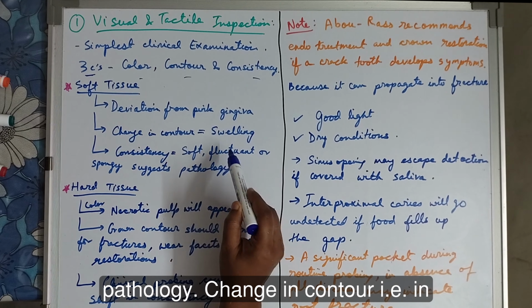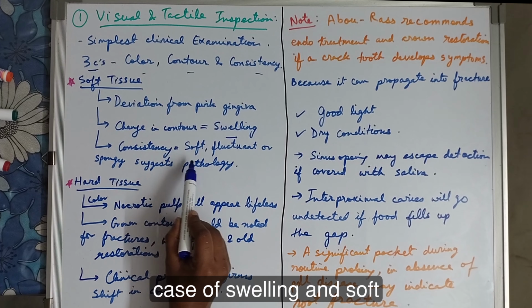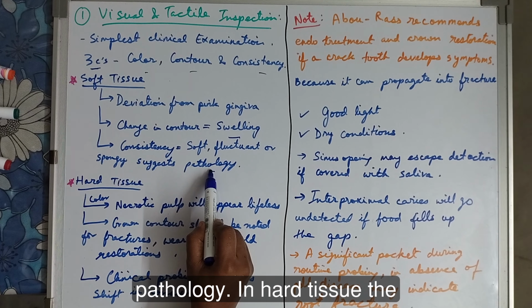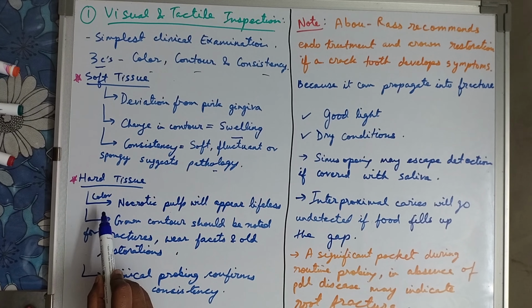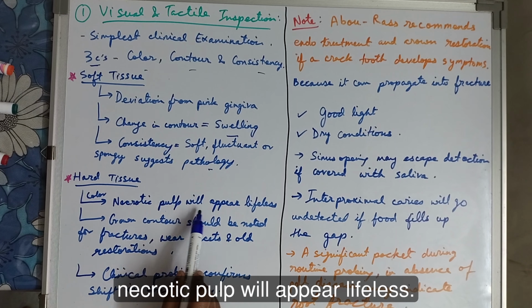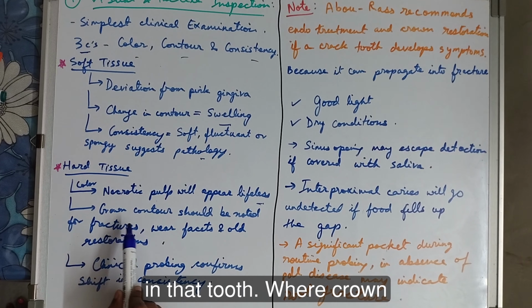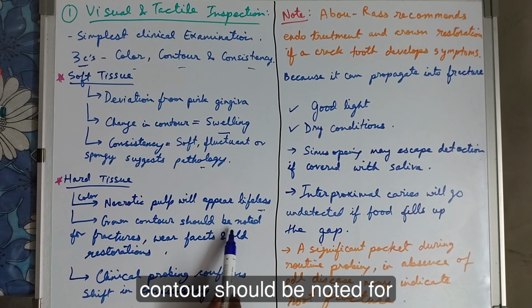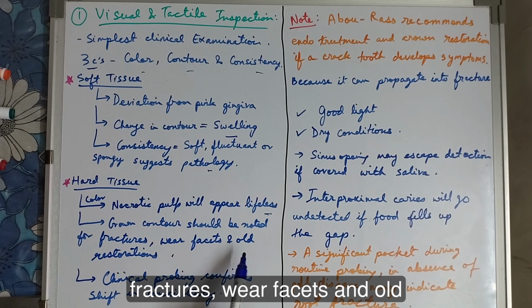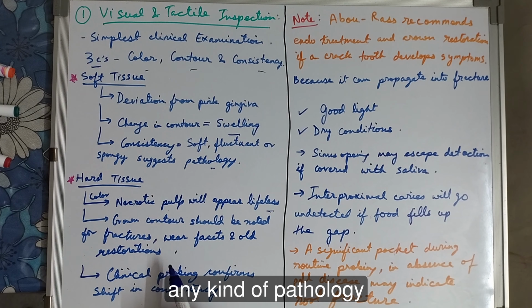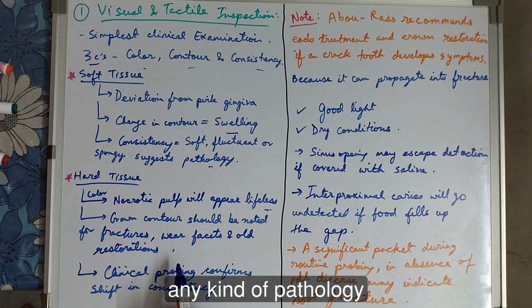Change in contour, that is in case of swelling, and soft, fluctuant, or spongy tissue suggests pathology. In hard tissue, the necrotic pulp will appear lifeless in that tooth, where crown contour should be noted for fractures, wear facets, and old restorations that will give a clue for any kind of pathology.